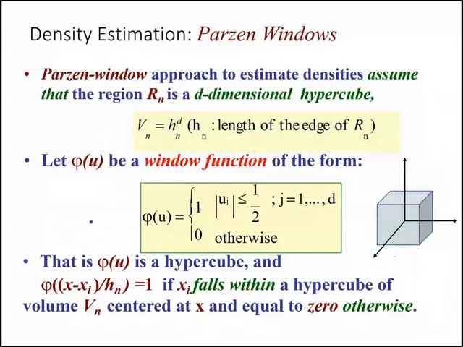Say if this is my hypercube, then this is h, this is h, and this is also h. So if this is 3 dimensional, then the volume V is equal to h to the power 3. We call it Vn, equal to h to the power 3. Suppose this is a 10 dimensional hypercube, then the volume will be h to the power 10.